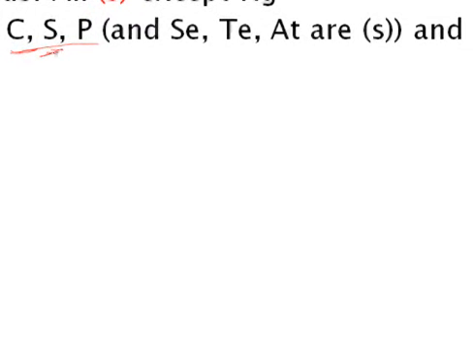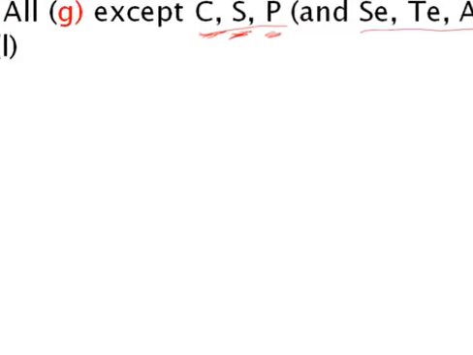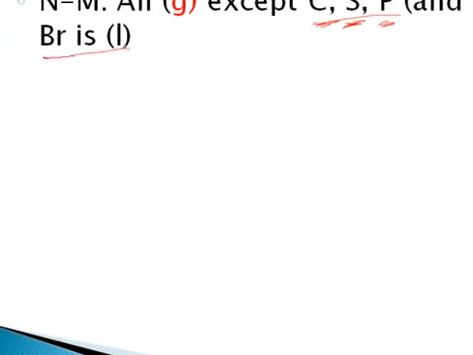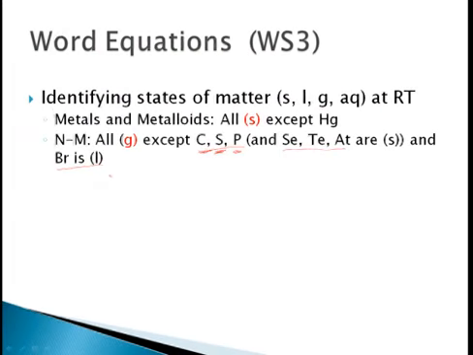Sulfur is a deep, pure yellow solid. So you need to know carbon, sulfur, and phosphorus are solids. There are a few others that are solid, but again, you can write them down or you'll see them on the periodic table when you're taking the test. There is one nonmetal that's a liquid, and that would be bromine. But all the other nonmetals are gases.